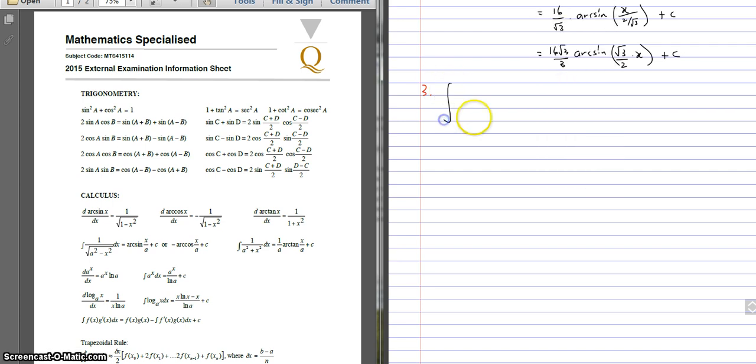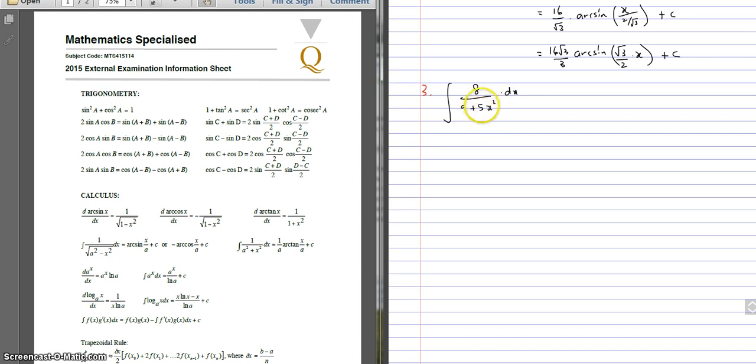This time the integral of 8 over 9 plus 5x squared. We can see that this is going to be the arctan.